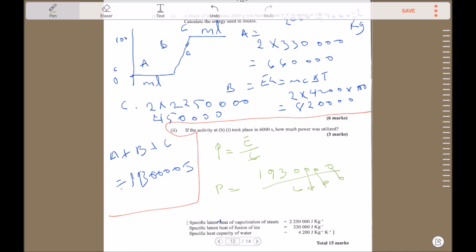Zeros cancel. So we have 1930 divided by 6. And we get approximately 321.6, recurring 6 joules per second. That is 9 marks.